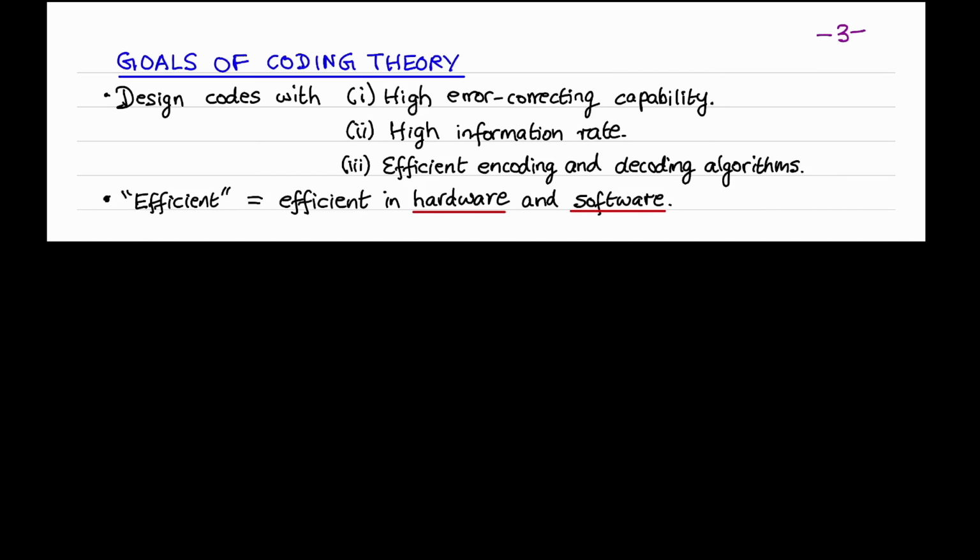Furthermore, since we want to use codes for practical applications, engineering considerations dictate that the codes must have efficient encoding and efficient decoding algorithms. In particular, we'll demand that the encoding and decoding algorithms be suitable for hardware implementation and not just software implementation.